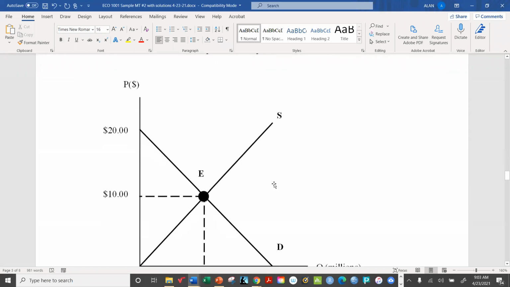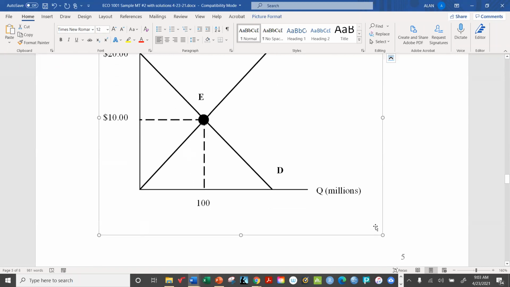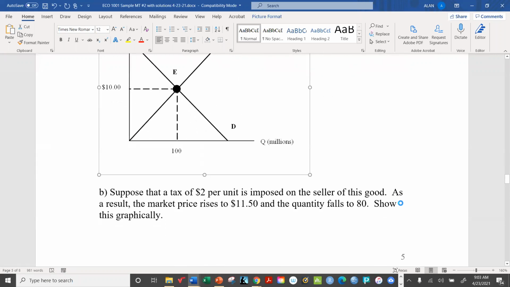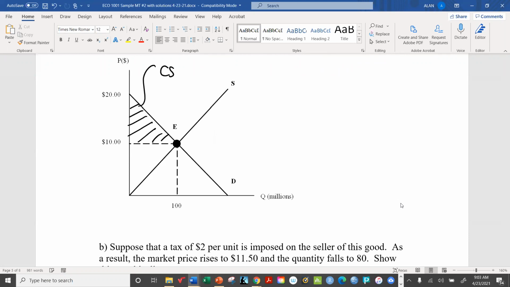All right, now we're ready for some problems. So here we go. We've got actual numbers. So let's figure out the consumer and producer surplus. So why don't we take the approach of geometry? So what we're aiming for is, up here we have consumer surplus: one half base times height.